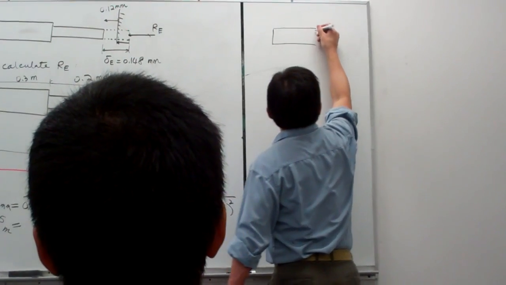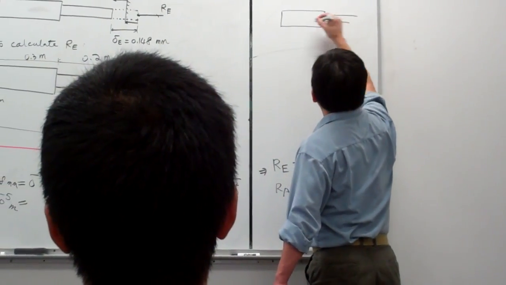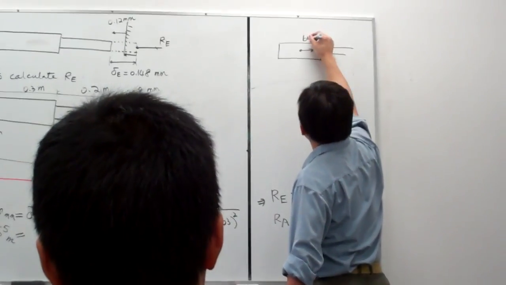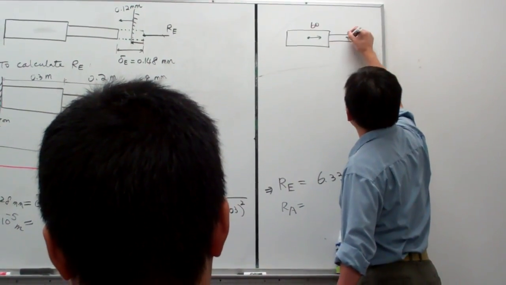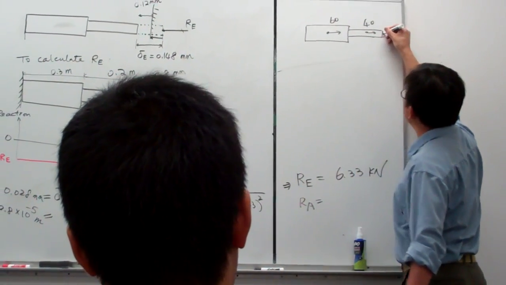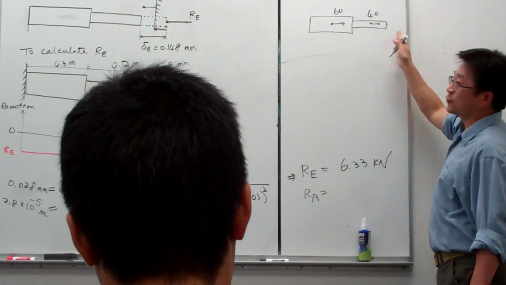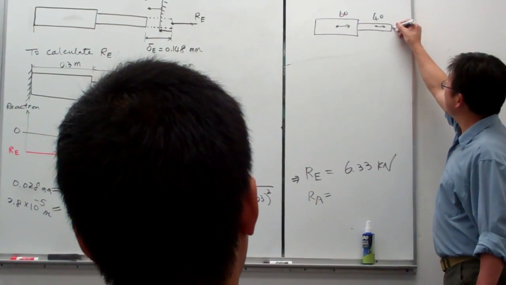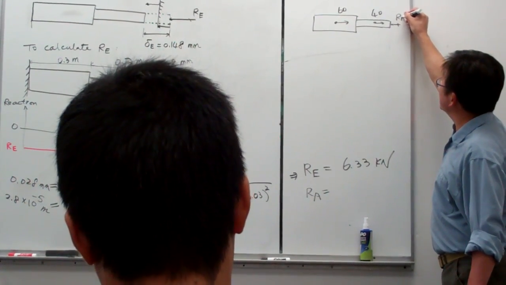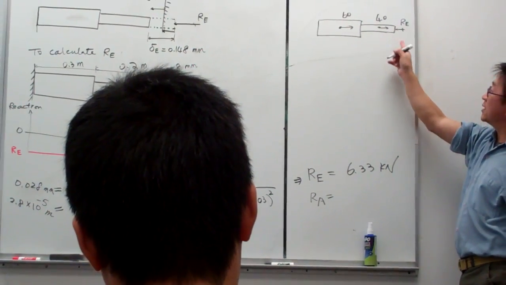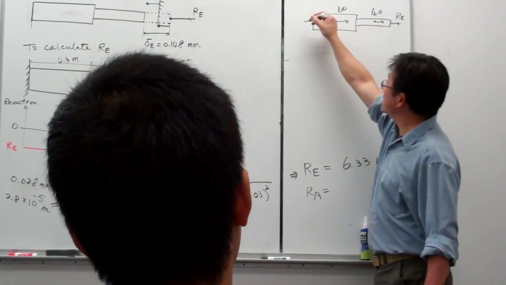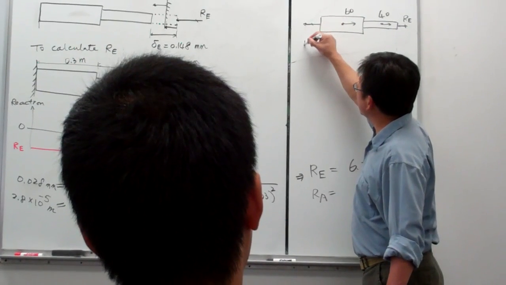So right now this is the model, and we apply the loading 60 kilonewtons and then 40 kilonewtons here, and this end is pressed against the wall and induces the reaction RE. So by equilibrium in the x direction, you can tell what RA is.